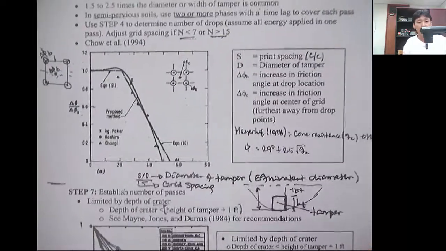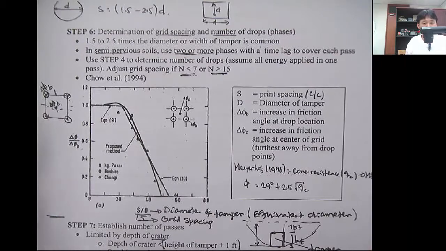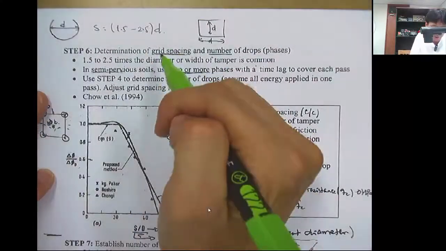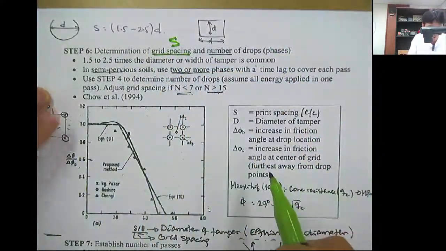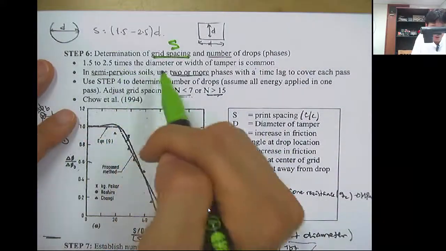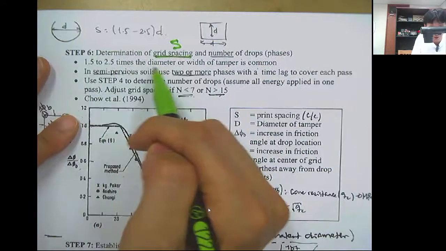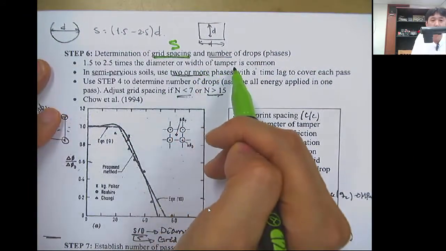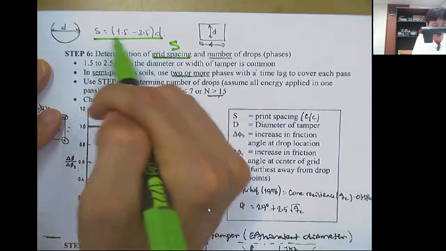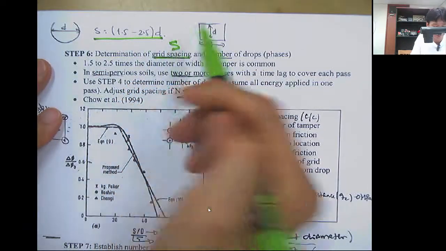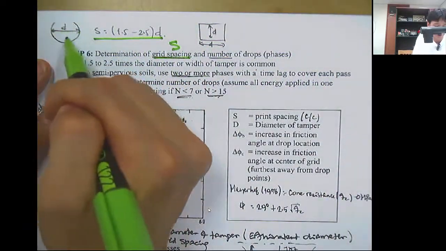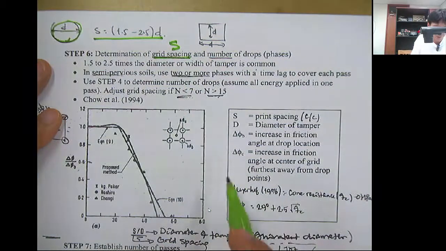Then the next step is to determine the grid spacing, S. Typically, the grid spacing is determined as 1.5 to 2.5 times the diameter or the width of the temper. So S is about 1.5 to 2.5 times D, if D is the diameter of the temper.